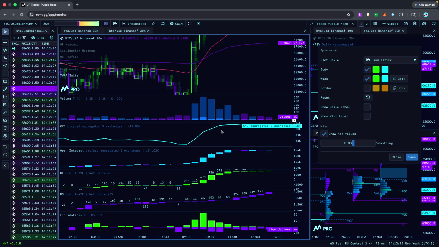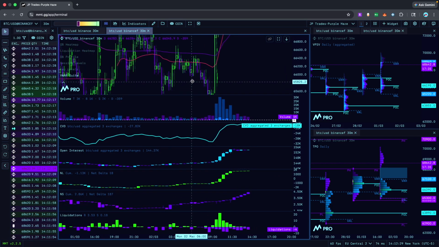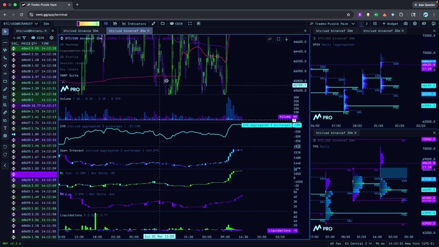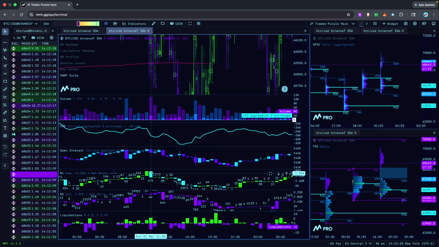The combined change in net longs and net shorts will always reconcile with the total change in open interest for that candle. So when net longs increase, it means new long positions are opening or existing longs are increasing in size. And when net longs decrease, it means long positions are being closed or reduced in size.